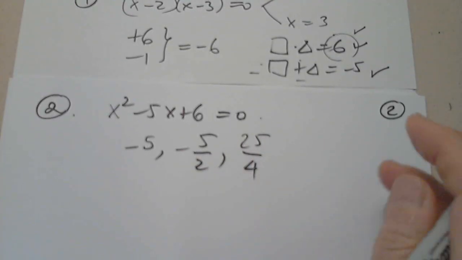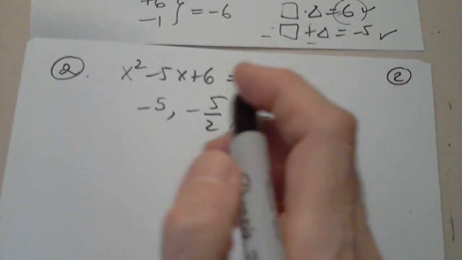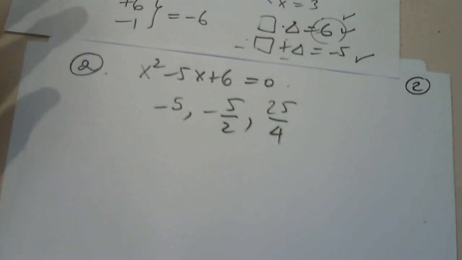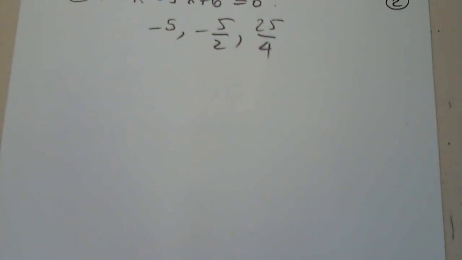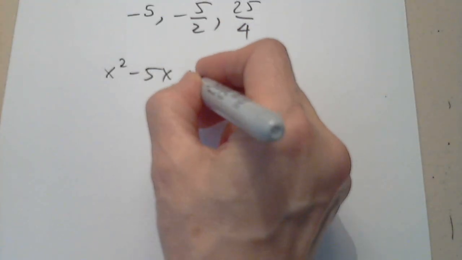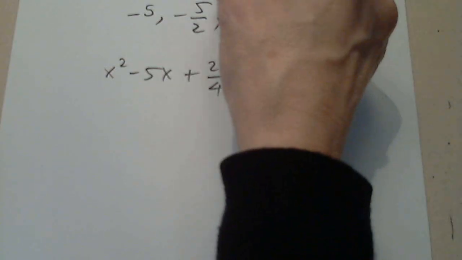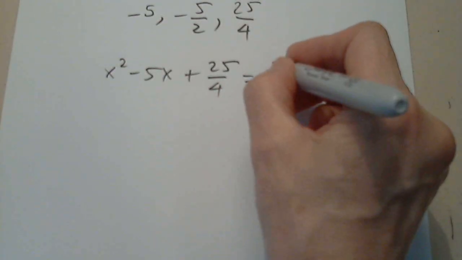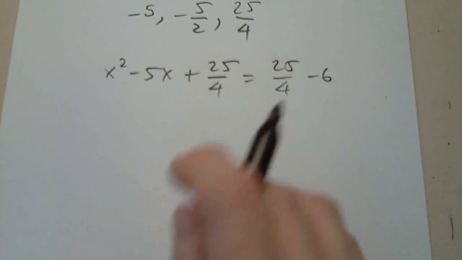And this is what I have to add to both sides. So I have x squared minus 5x plus 25 over 4. I have to move 6 to the other side. 25 over 4 minus 6.